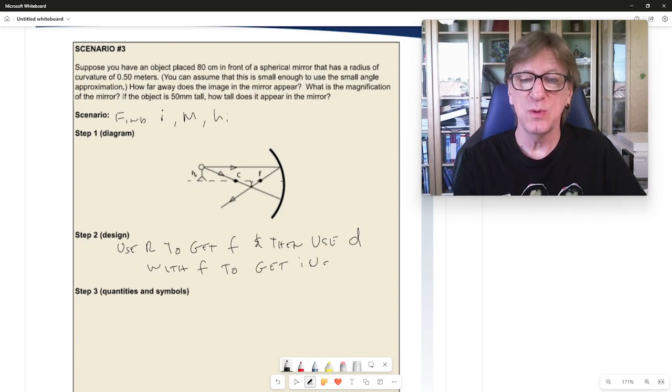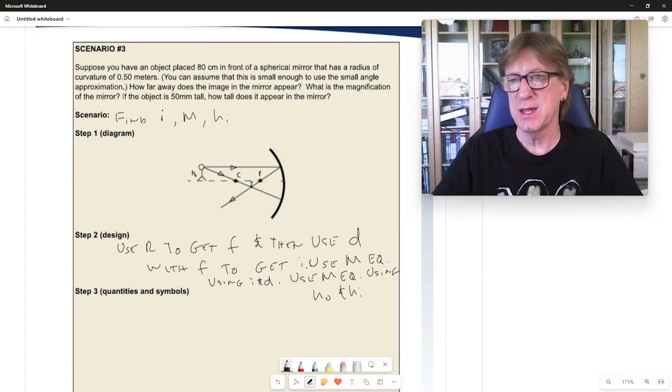So we will use the magnification equation using I and D. Once I have that magnification, I can use the magnification equation with the object height and the image height. So that's our plan. And it's always a good idea to have this plan laid out. It'll really help you when you're trying to organize this.